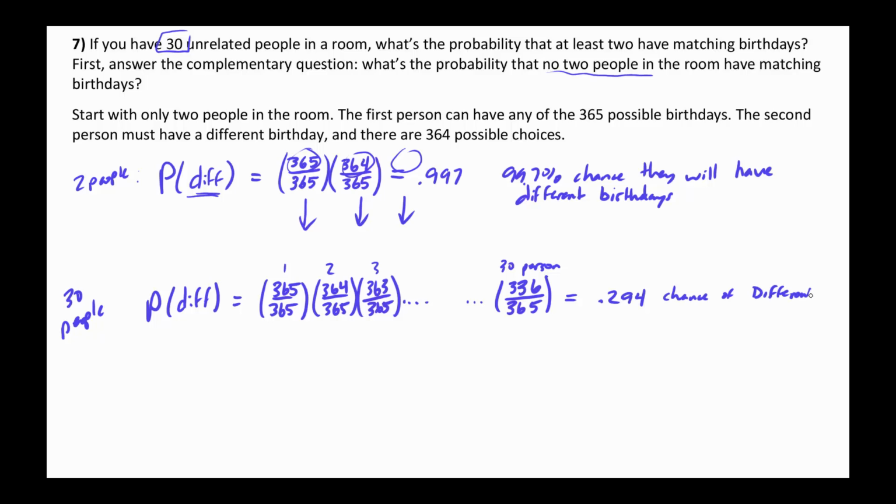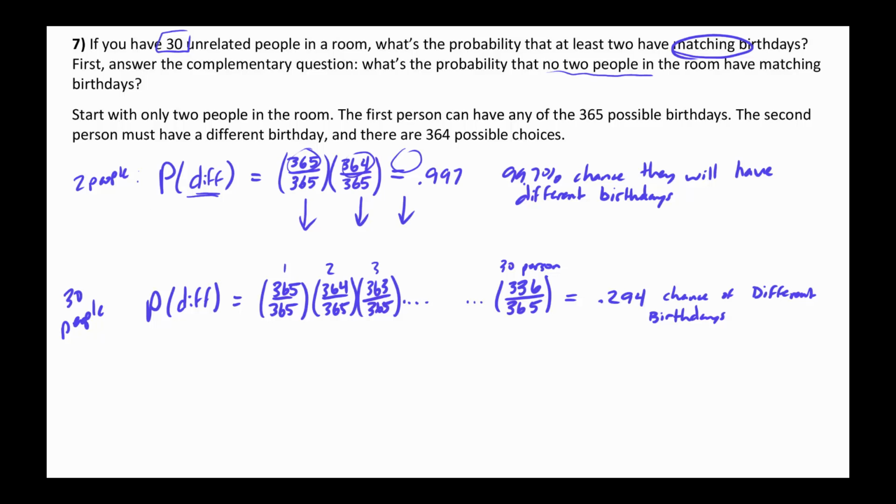If you remember back in our original question, they are not asking for the chance that they will have different birthdays. They're asking for the chance that they will have matching birthdays. That means they'll be on the same day. But we know if they have different birthdays, the opposite of that would mean that somebody matches. We don't know exactly who would match, but somebody in the room would match.